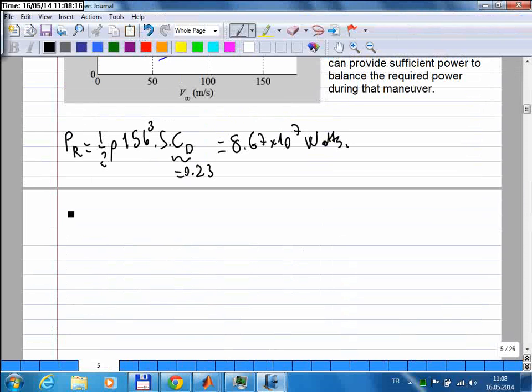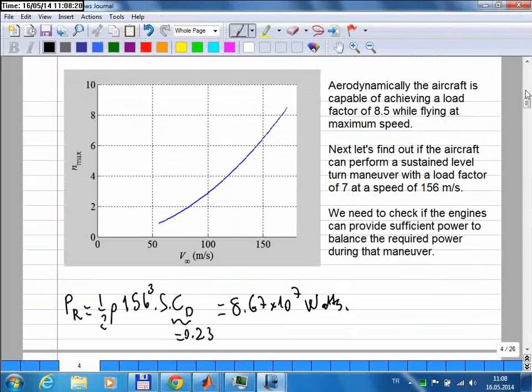So can the engines provide that much power? Let's find out. We know the power of the engines, right?